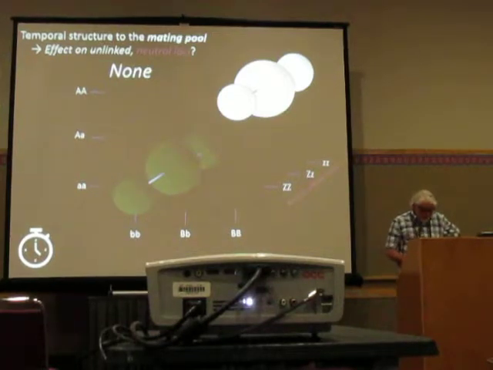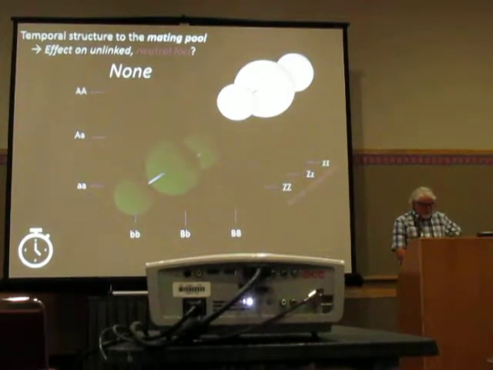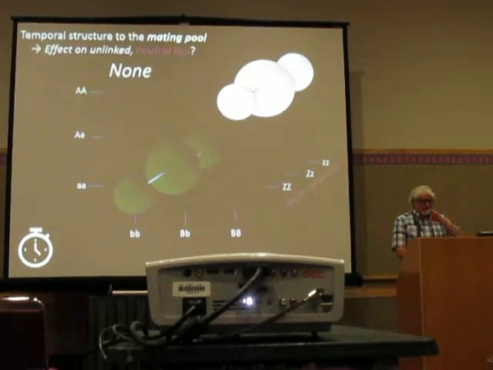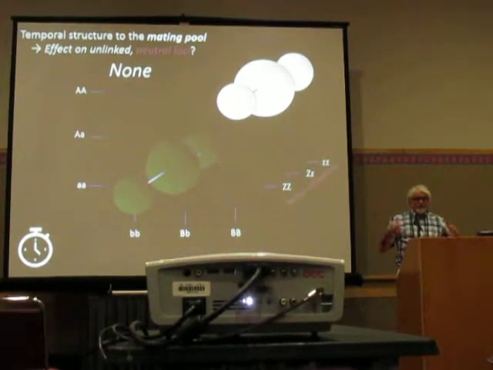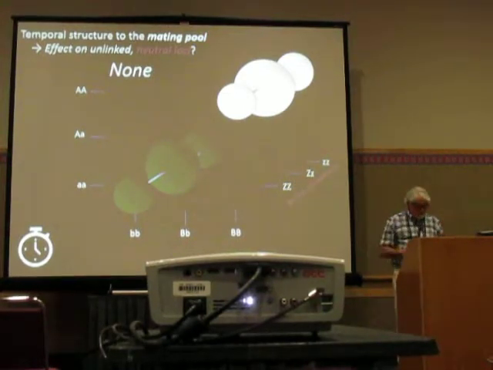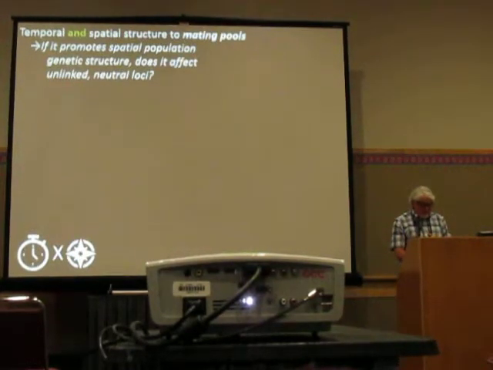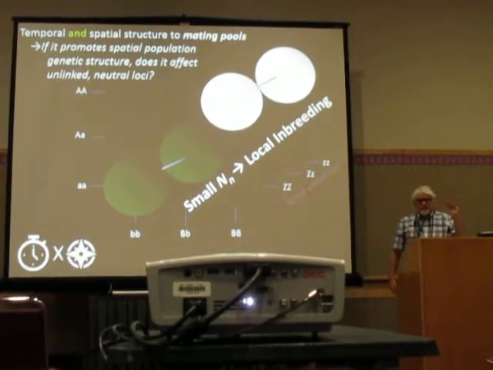Okay. But then the question becomes, what if, instead of having a spatially well-mixed population, you have this occurring in a population that is not spatially well-mixed, in which you have very limited dispersal of pollen? You can get darkness, my old friend.